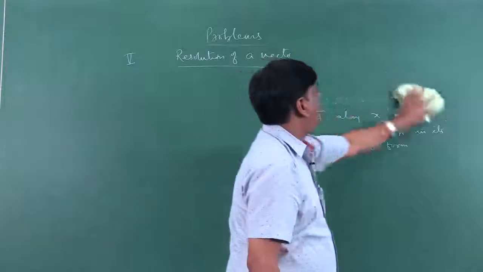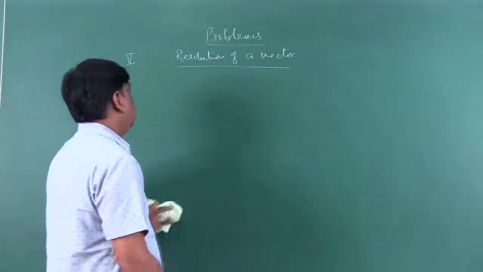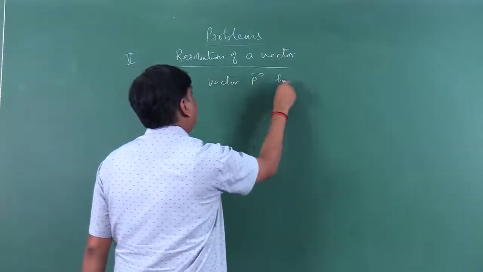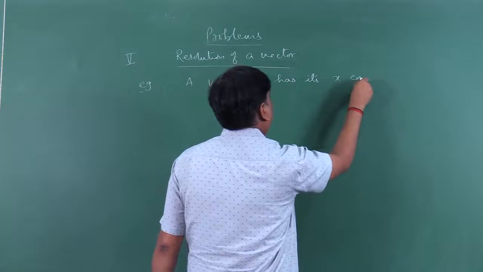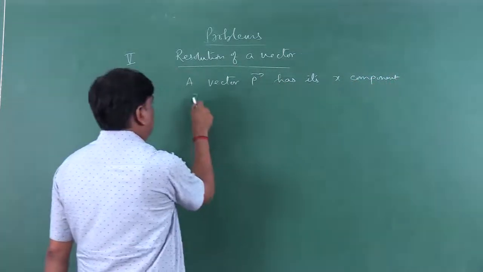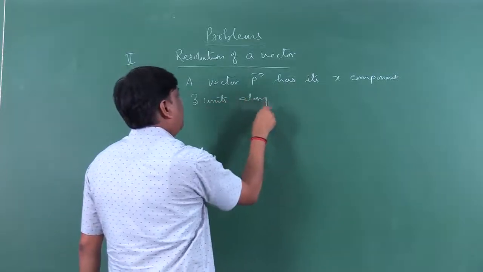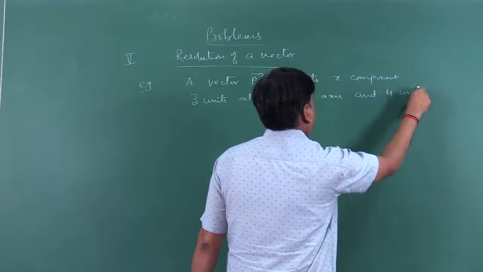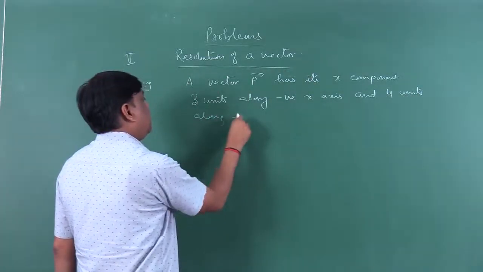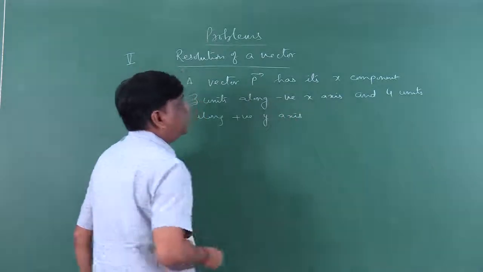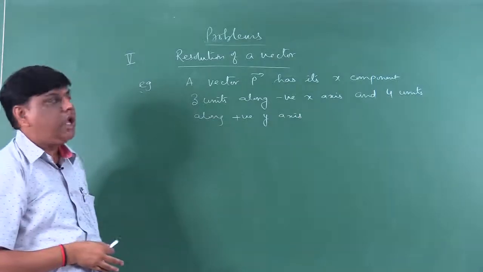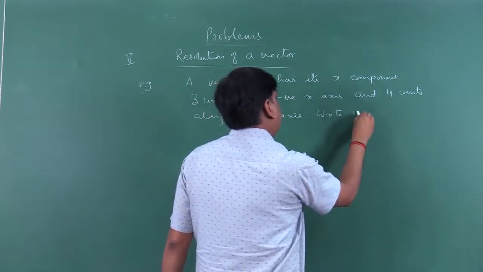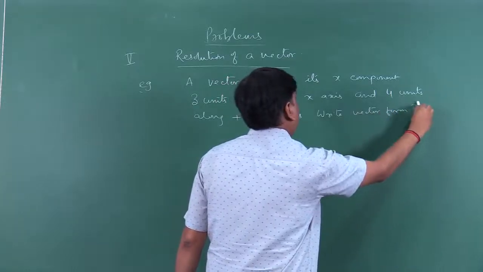Let us take another example. A vector P has its x component 3 units along negative x axis and 4 units along positive y axis. ठीक है. दोनों कंपोनेंट्स दे दिया इसका और इसको क्या बोलते हैं हम लोग? रेक्टेंगुलर कंपोनेंट्स. क्वेश्चन इज कि राइट वेक्टर फॉर्म ऑफ पी. पी का वेक्टर फॉर्म कितना होगा?